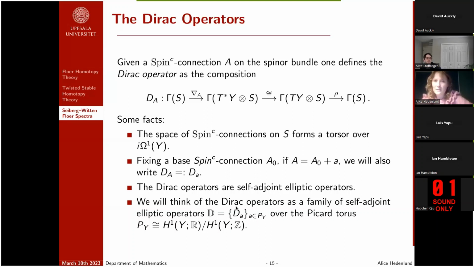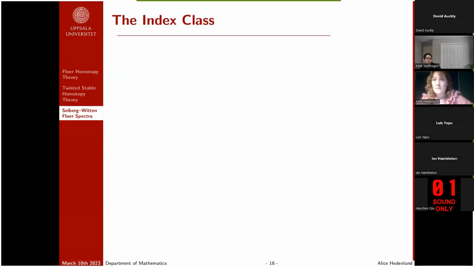And that should correspond to some sort of Dirac operator. So now I have a family of these self-adjoint elliptic operators over this Picard torus. So the twist in the picture is coming from this index class.